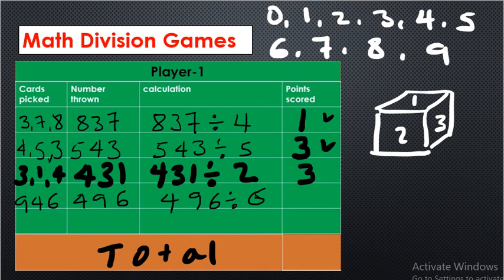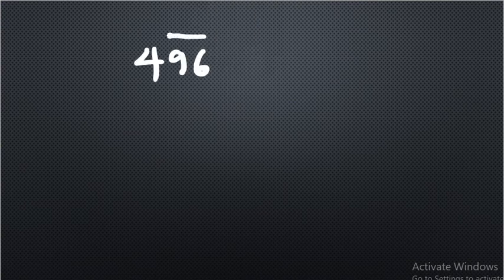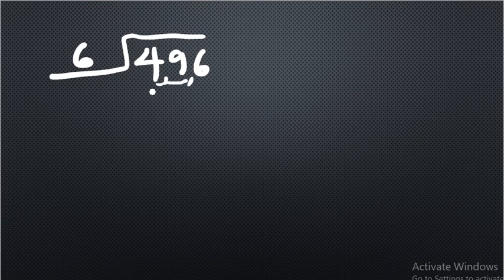Okay, now let's divide. 496 divided by 6. I cannot cut now from 4 here because the number 4 is smaller than 6. So I have to go for a 2-digit number here, 49.